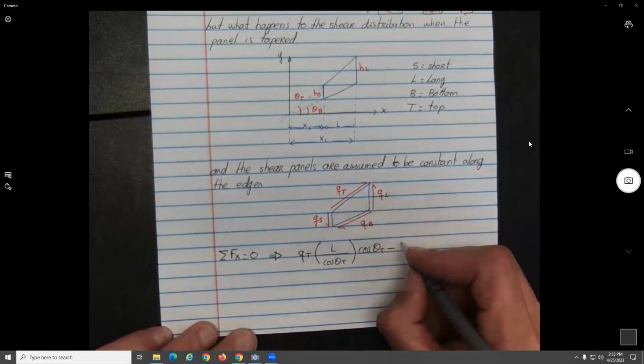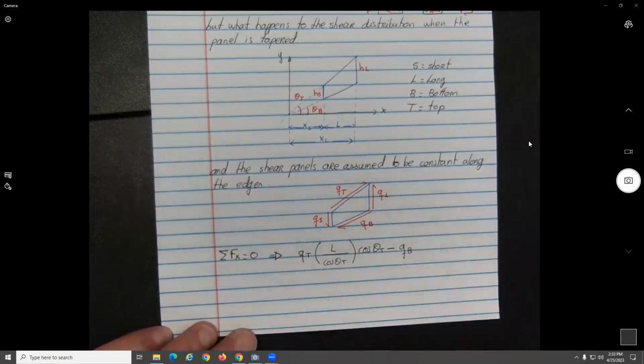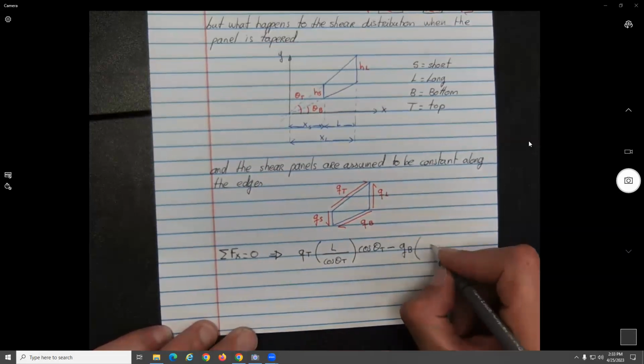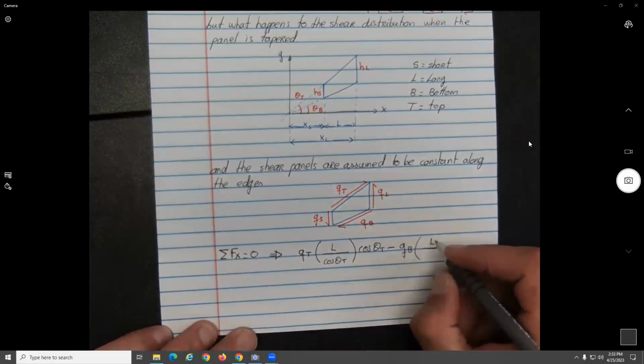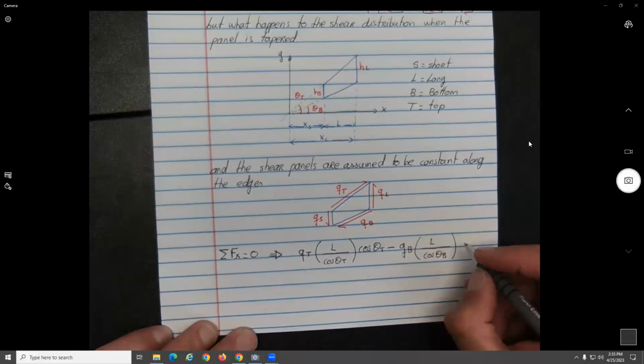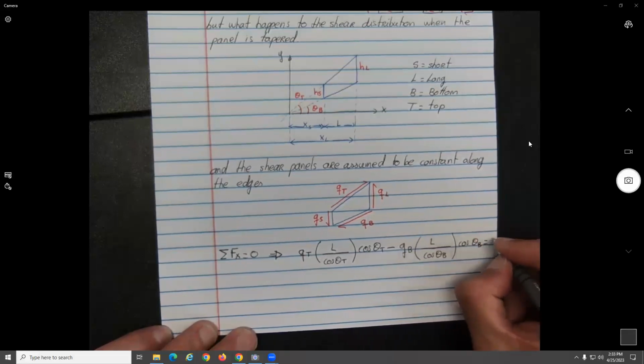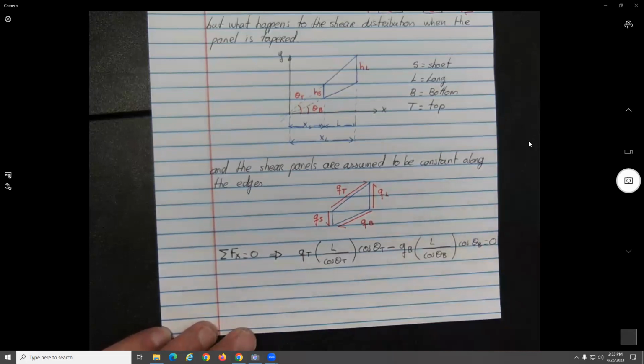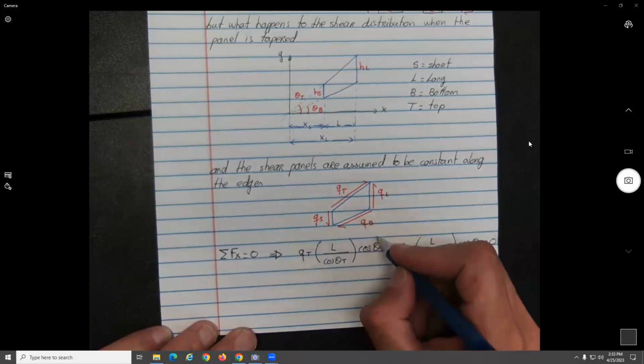So Q top minus Q bottom, we do something similar. That's L over cosine theta bottom times cosine theta bottom equal to 0. So you can see that this simplifies a lot.